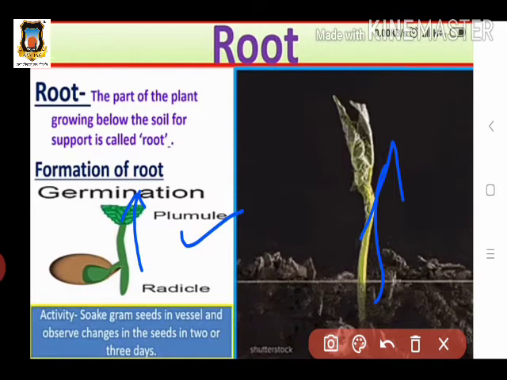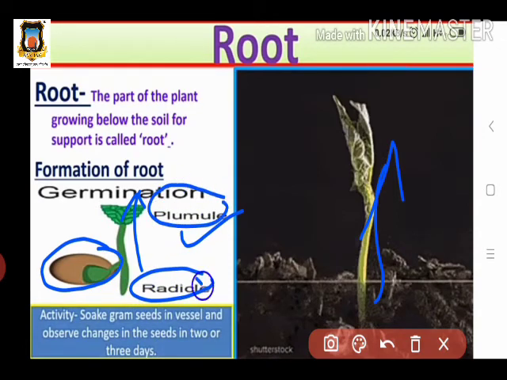So by doing this activity, that is soaking gram seeds in a vessel and observing changes, after 2 to 3 days the seeds germinate. Seed germinate means there is a development of two parts in that seed. First one is radicle, which is growing inside the soil, and the other part which is growing upward in the sun direction is called plumule.